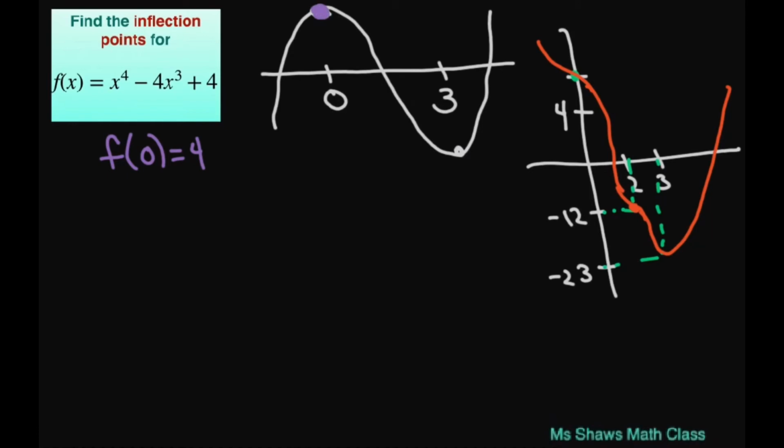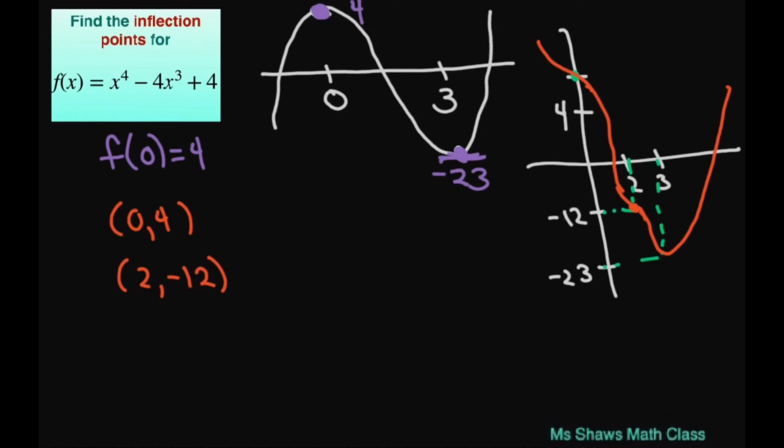So we have a maximum value of 4 when x is 0, and at x equals 3 we have a minimum value, and that minimum value was negative 23. All right, our inflection points occurred at 0, 4 and at 2, negative 12.